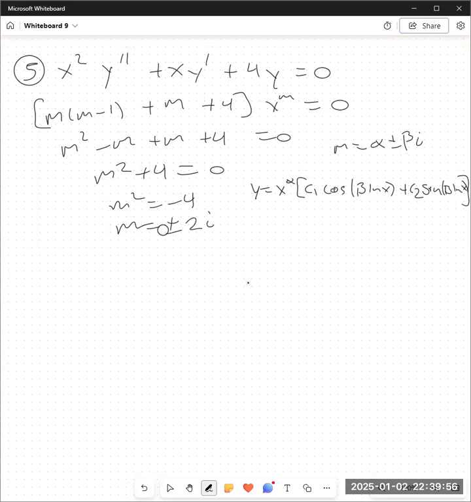Just remember ln x stands in the place of x like you were used to. So y equals x to the 0, which is 1, times c1 cosine of 2 ln of x plus c2 sine of 2 ln of x.